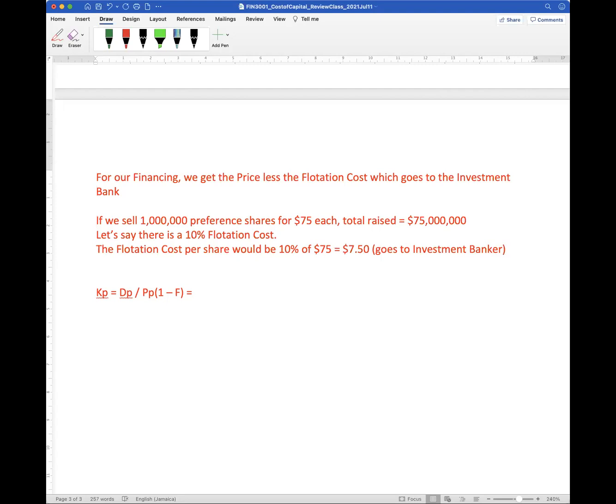So that means that for each share that we sell, we're not going to get $75, but we're going to get how much? $67.50. Exactly, because out of every $75 that we raise, we have to pay $7.50 to the investment banker, which leaves $67.50.